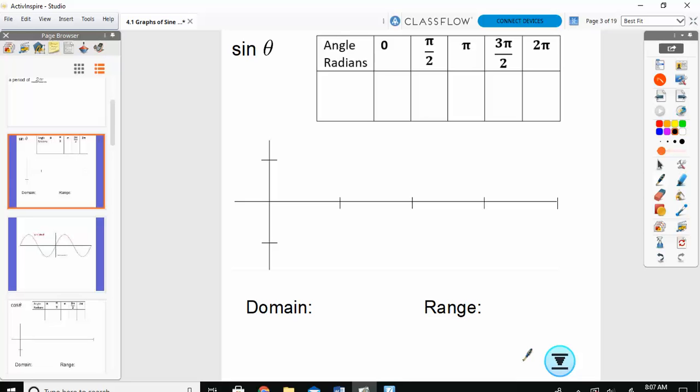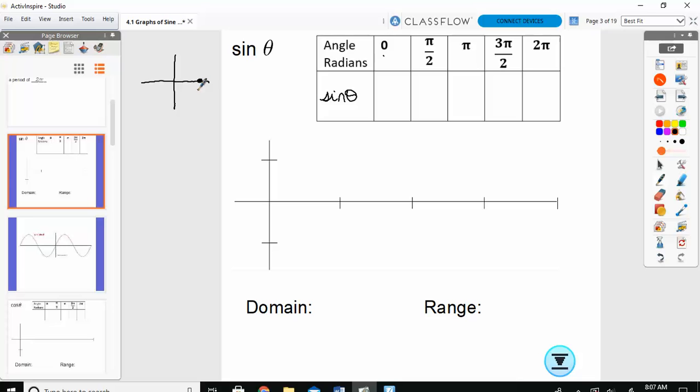You'll notice I already picked our x values. I said 0, pi over 2, pi, 3 pi over 2, 2 pi. What are those points? Right, in degrees, 0, 90, 180, 270, 360. So those are the quadrantal angles. They lie on the axes, so it just kind of breaks things up. So if I want to find sine, what is the sine of 0? Think about your unit circle if you want.